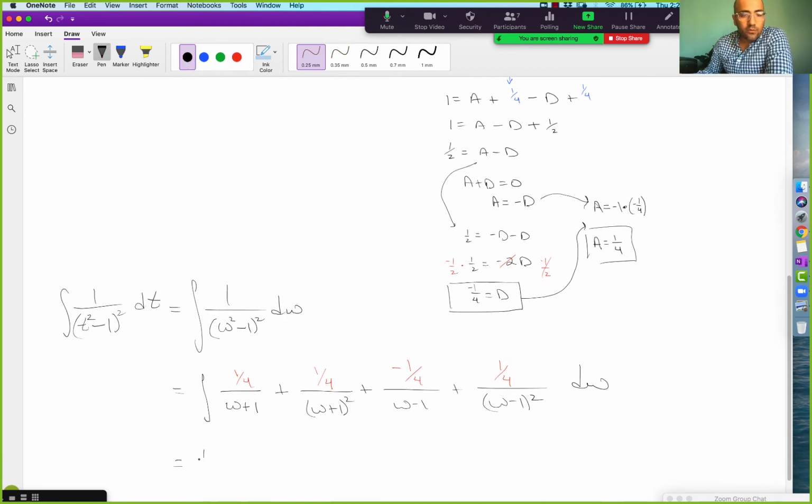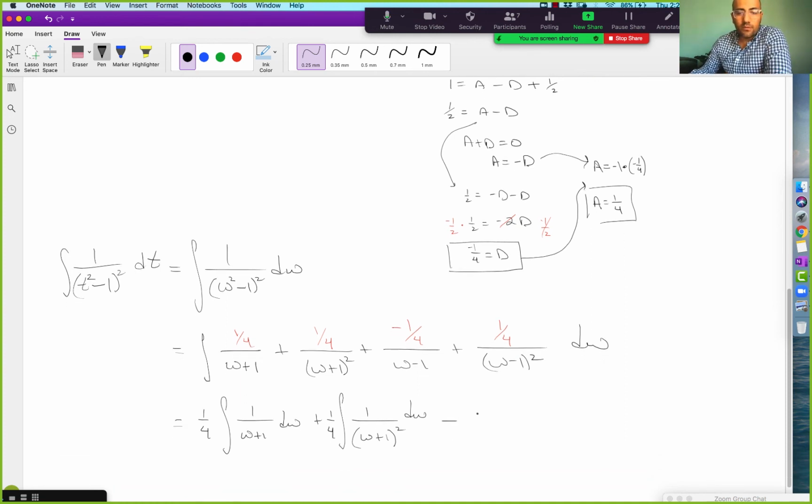So this will be equal to 1/4, let's just put that out there, the integral of 1 over w plus 1 dw, plus the integral of, let's put the 1/4 out there again, 1 over (w plus 1) squared dw, minus 1/4 integral of 1 over w minus 1 dw, plus 1/4 integral of 1 over (w minus 1) squared dw.